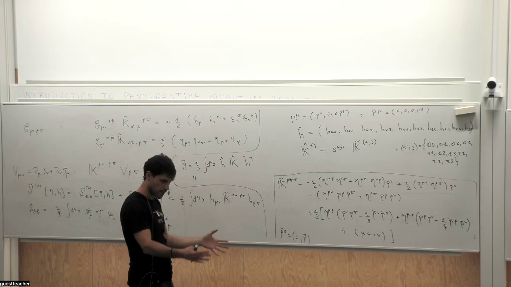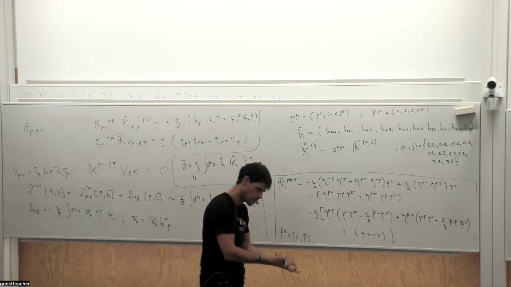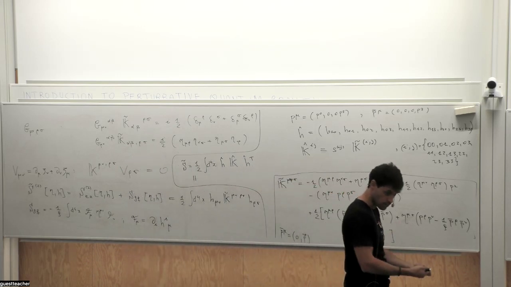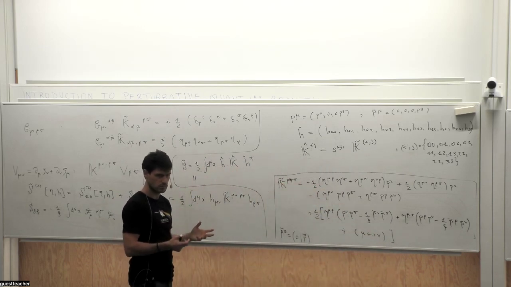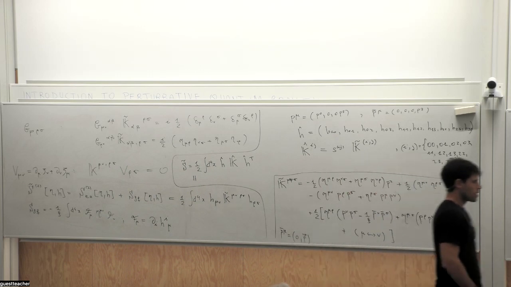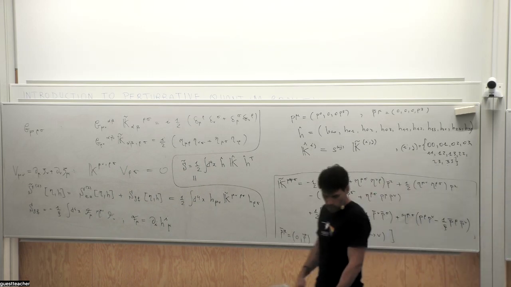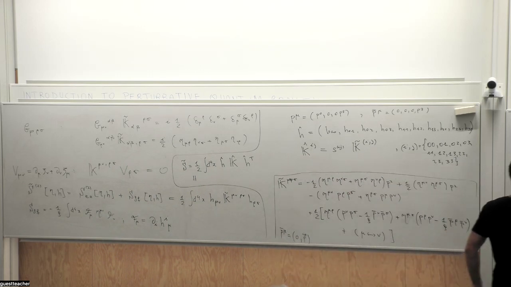It will be a 10 by 10 matrix. If we invert it, we'll get another 10 by 10 matrix, which will be the propagator written in this matrix form. Okay? And what we will get in the end, basically.